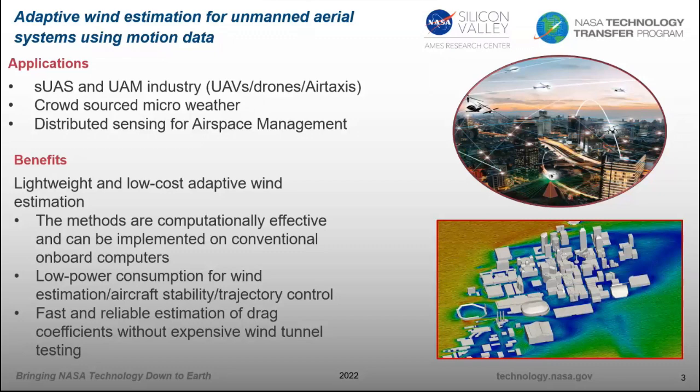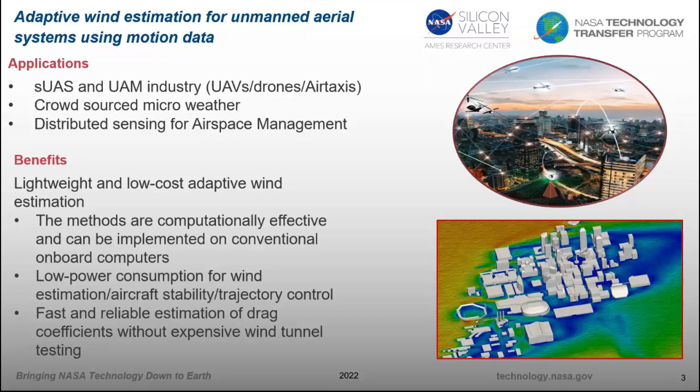One of the ideas that people have talked about, and we think it's possible now with the cheap software running on all of the vehicles, will be crowdsourced micro-weather estimates. So if you have a really busy traffic that we envision of the future air taxi business, or UAM, AAM type environment, then we can use the wind estimates from each vehicle and do a crowdsourced micro weather, just like you do crowdsourced traffic for road vehicles.